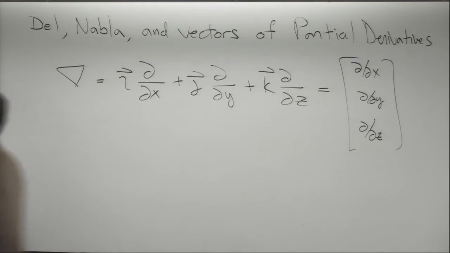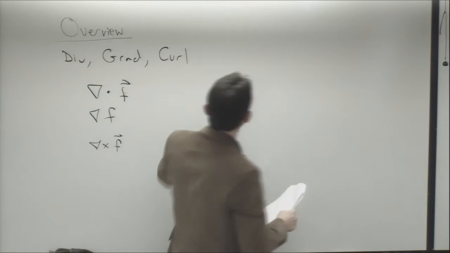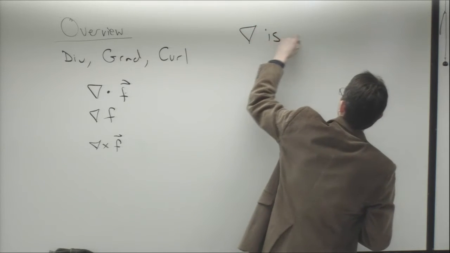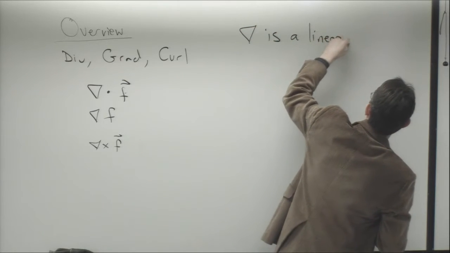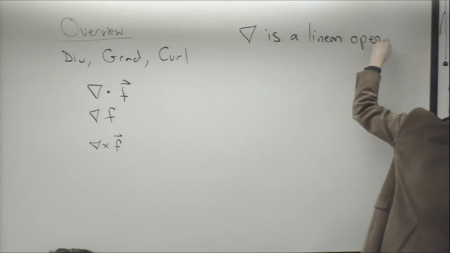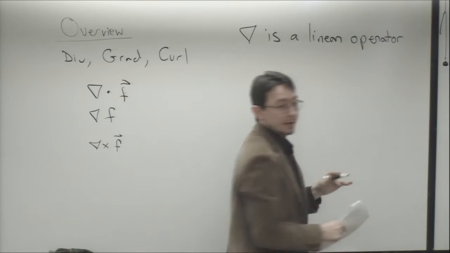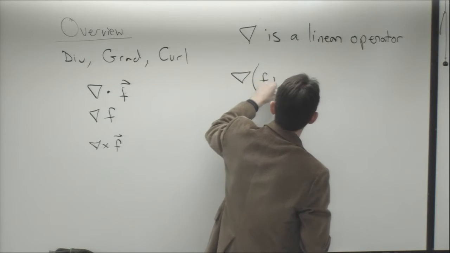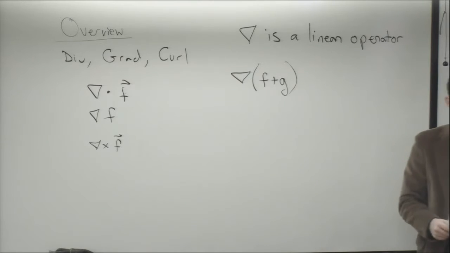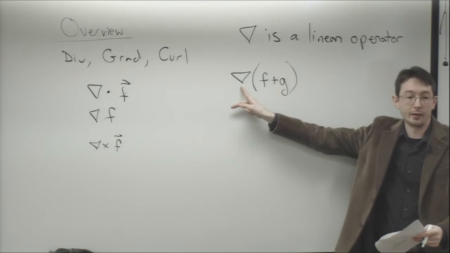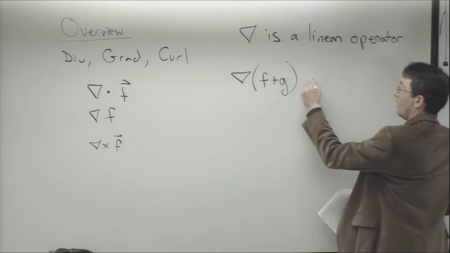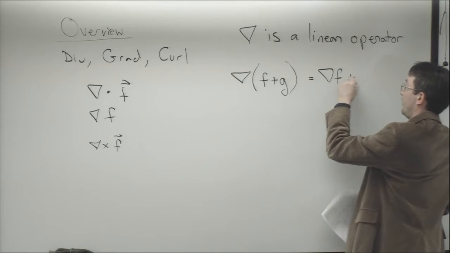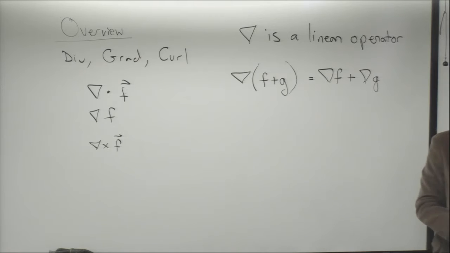So when I say that this is a linear operator, that means something really special and something really specific. So del is a linear operator because if I have, for example, grad of f plus g, where I have some function f and some function g, and I take the gradient of it, then that's equal to the gradient of f plus the gradient of g for all possible f and g.